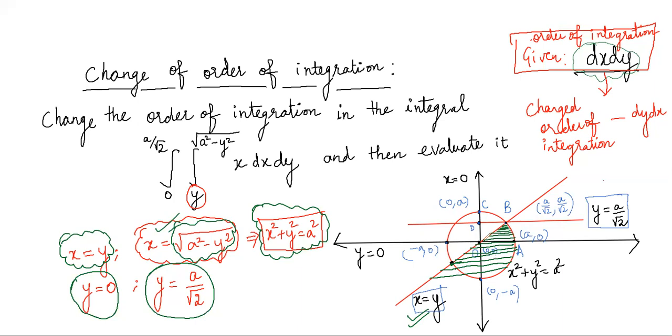The strips lying below the x-axis would have negative y. So the first strip will be this OA, and all these strips up to this point, because at B, y is a by root 2.